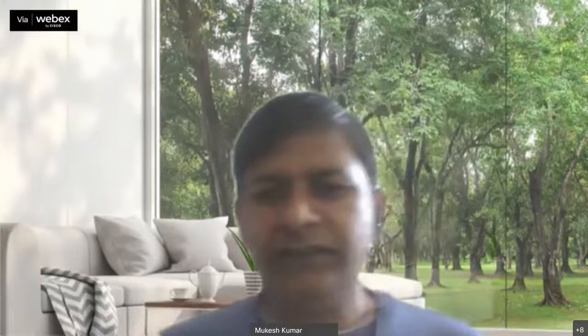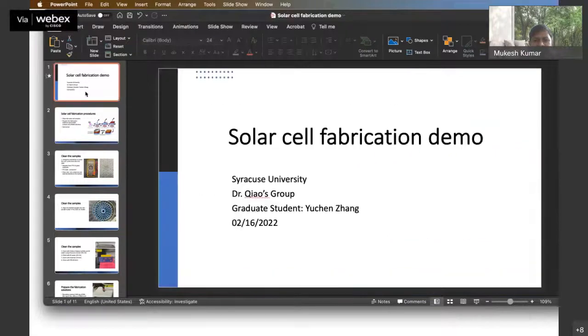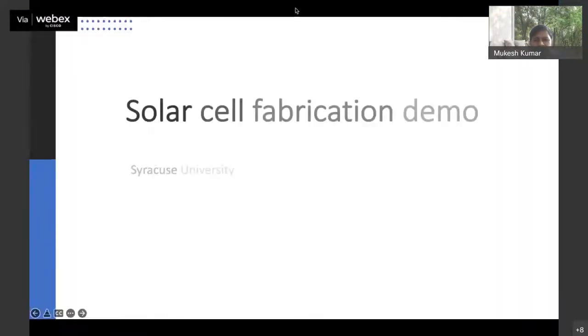So for the fabrication of the solar cell, it is a thin film solar cell, as we all know. There are different steps. Starting from the substrate, you go step by step, because this is a thin film. The absorber layer might be about a micron or so, and this absorber layer absorbs the photons and creates an electron and hole pair.